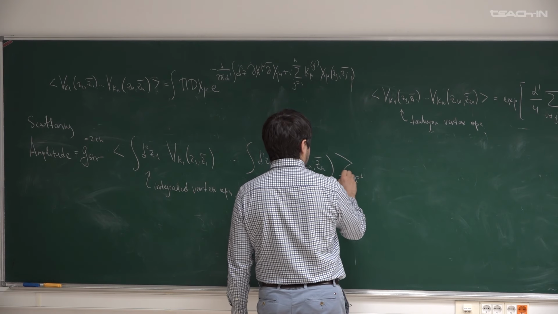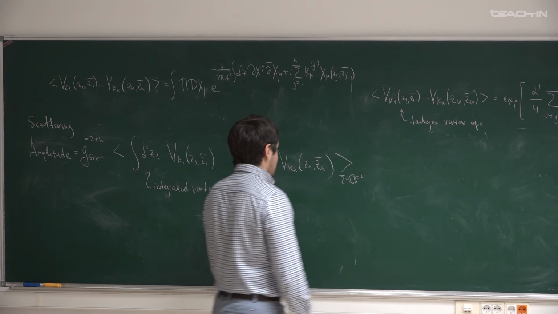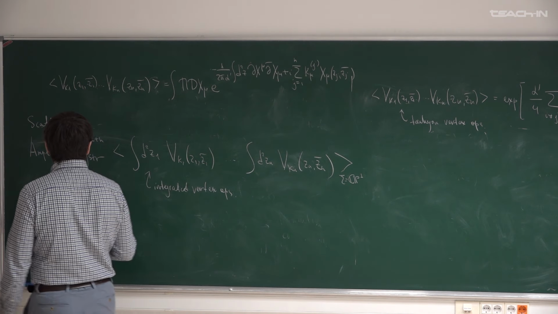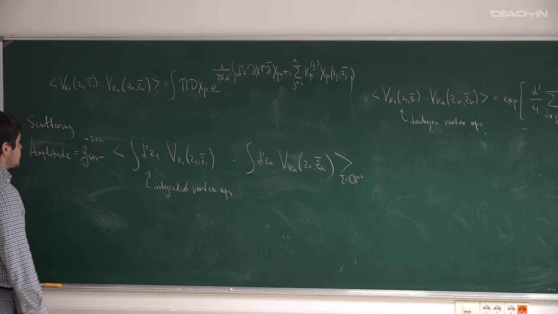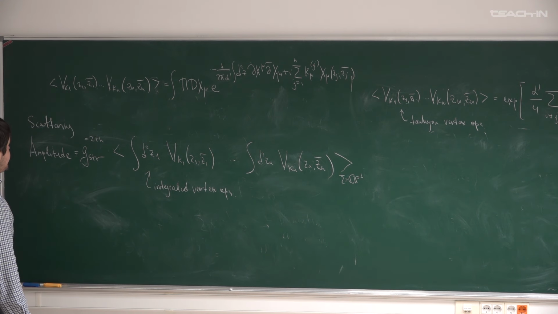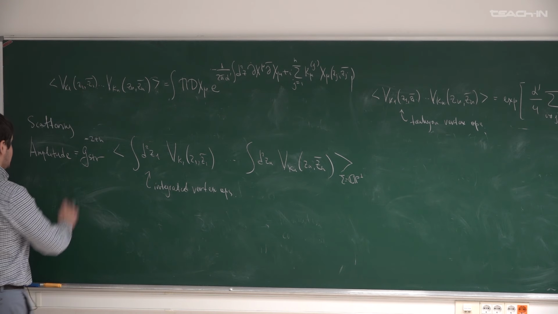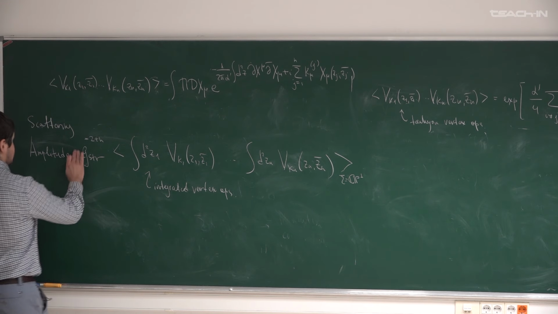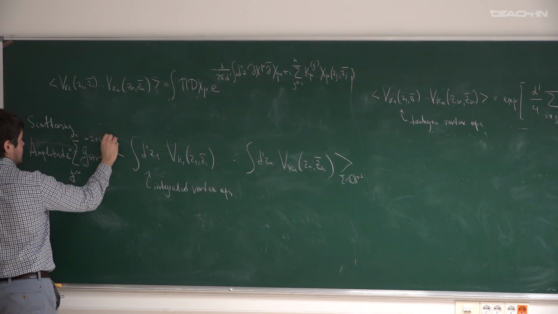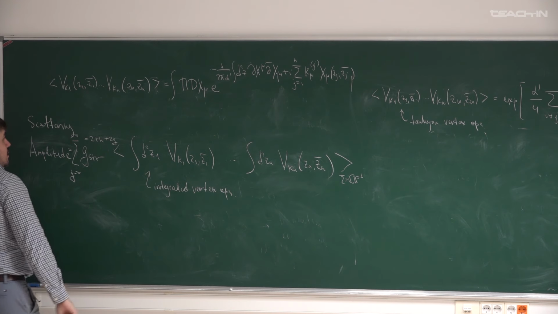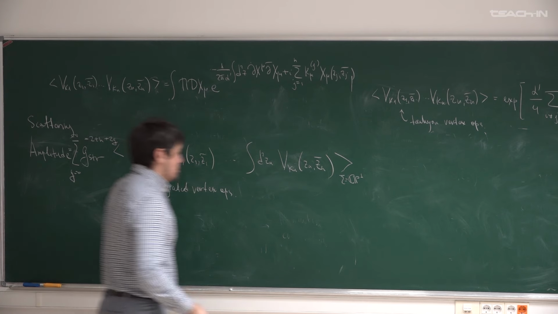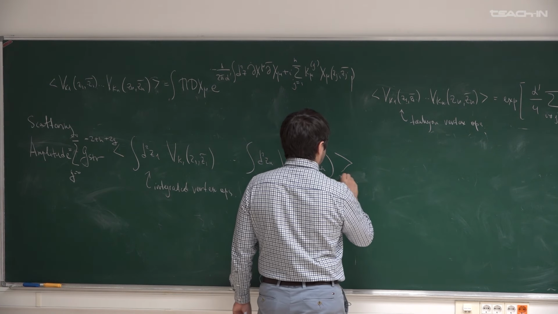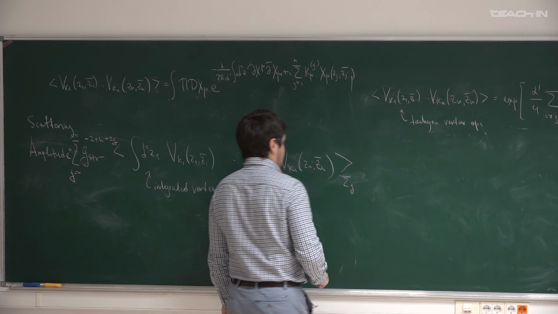So sigma equals CP1. But in principle, the whole amplitude is a sum over genera from 0 to infinity. Here you have plus 2g. And then you compute on a genus g surface. But we are only studying the g equals 0 contribution.